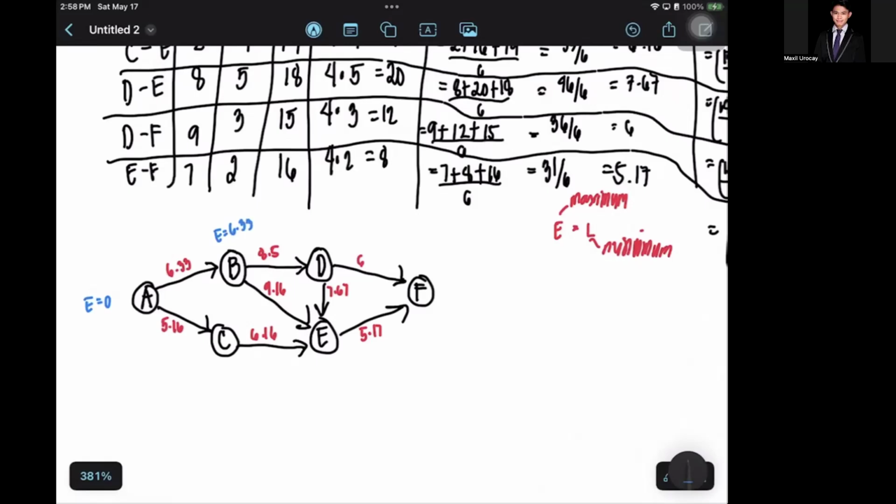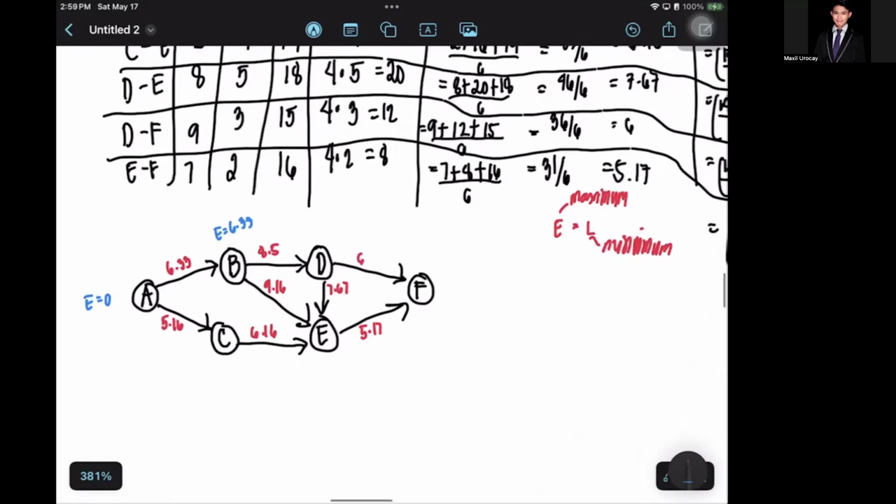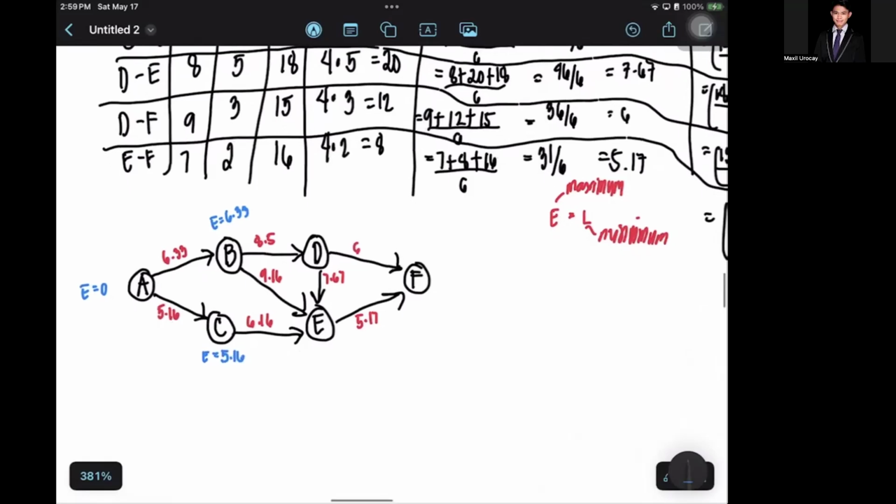Afterwards, connected to C, it will become 5.16. And since you have 6.33 in your B, then B is connected to E.